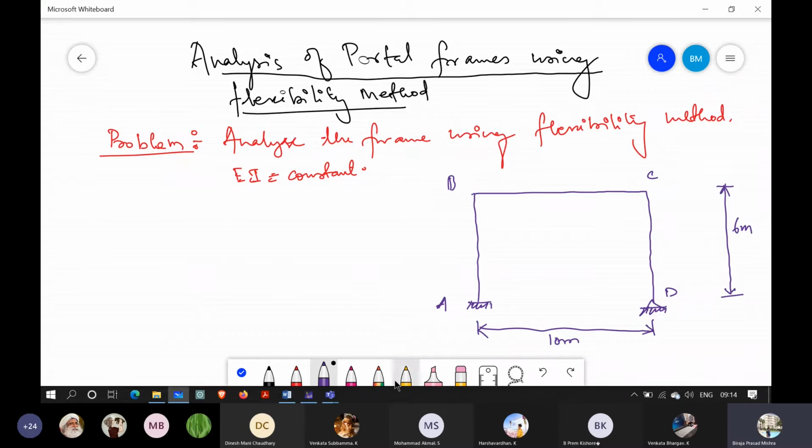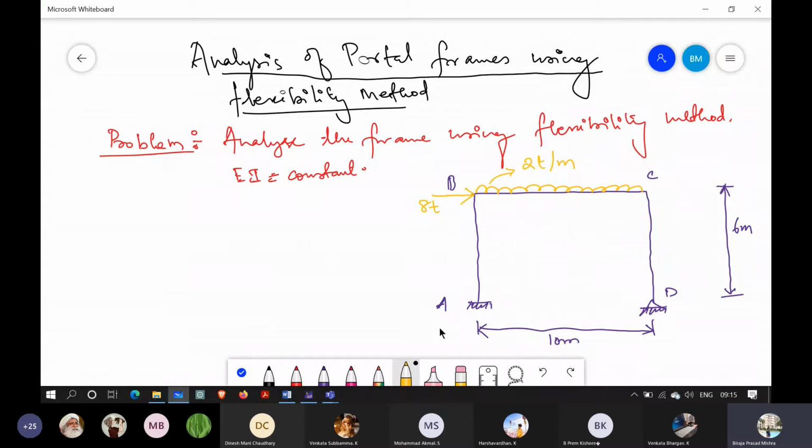We have a UDL of 2 ton per meter, and a point load at joint B of magnitude 8 tons.